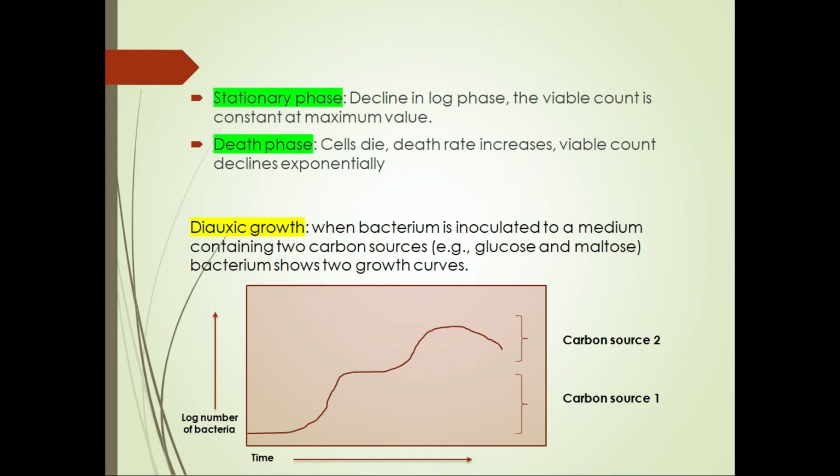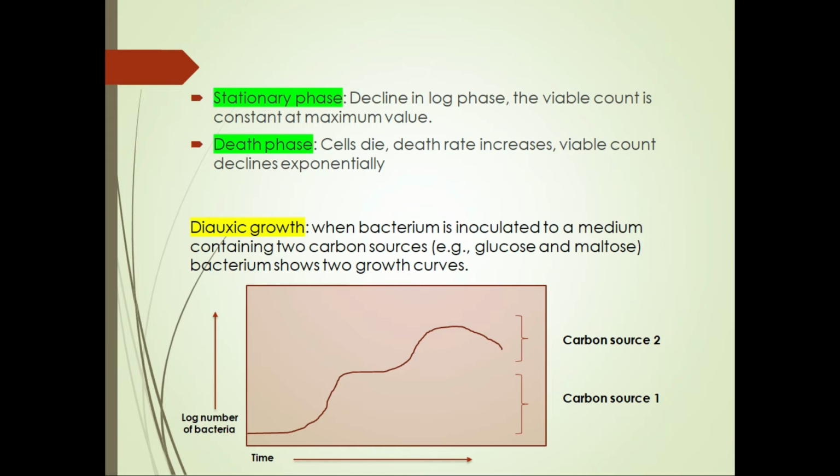This is called Diauxic growth. How is this Diauxic growth curve obtained? When a bacterium is inoculated to a medium containing two different carbon sources, say for example glucose and maltose, or glucose and lactose, or fructose and lactose, then the bacterium shows two growth curves.